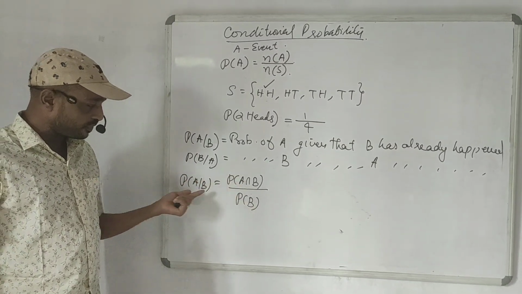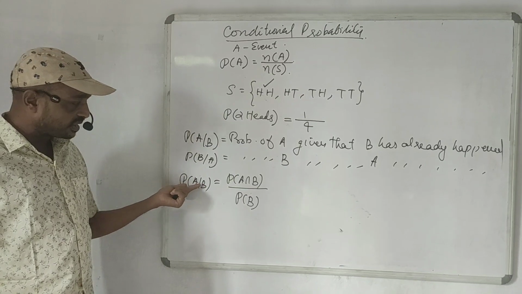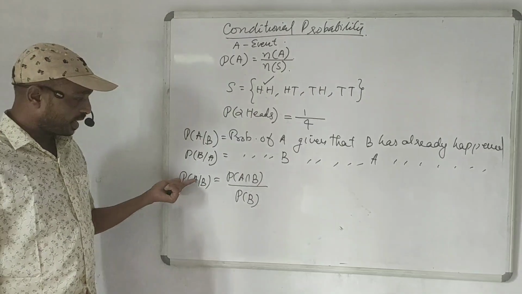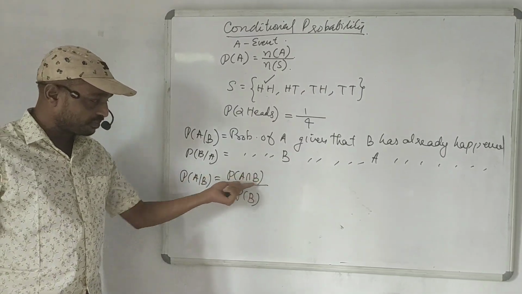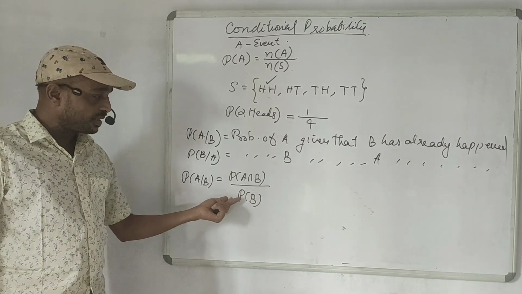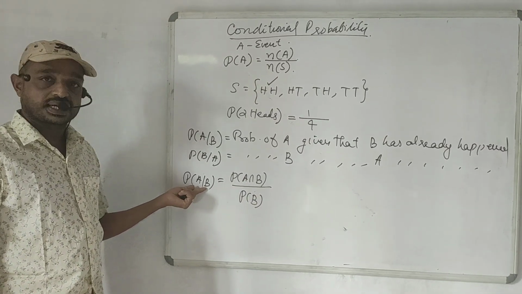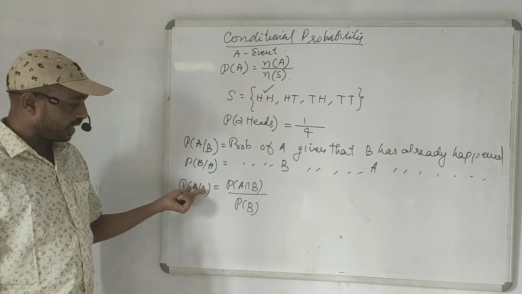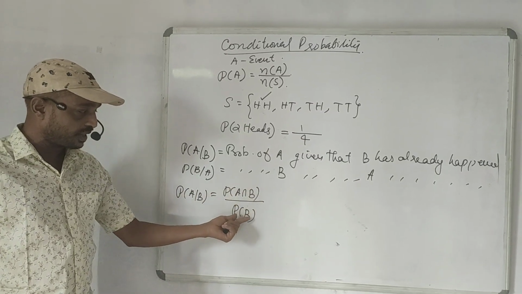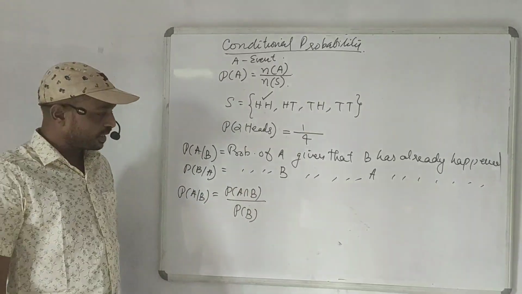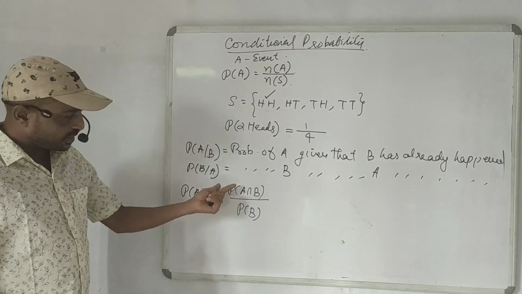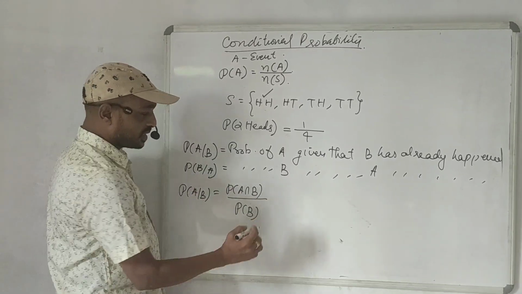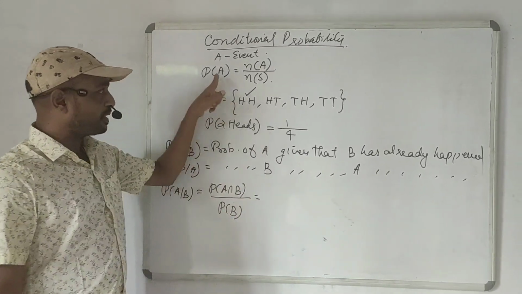Just take the intersection of these two events A and B, that is A intersection B, divided by, in the denominator, the probability of the second event B. See, we know what is P of A intersection B? What is P of A?